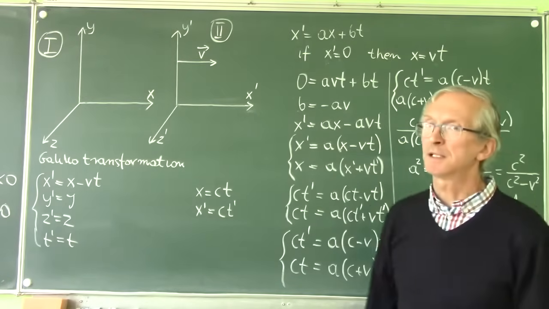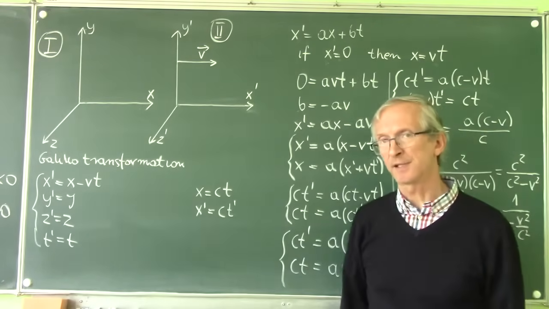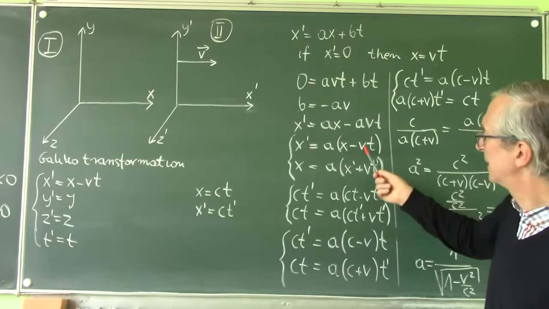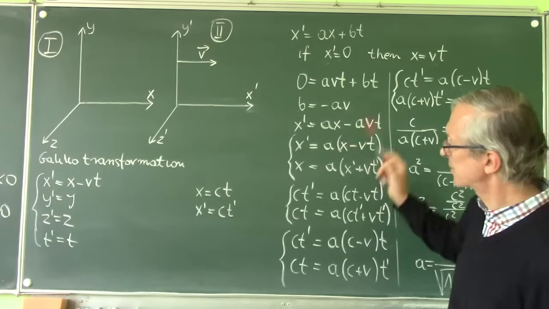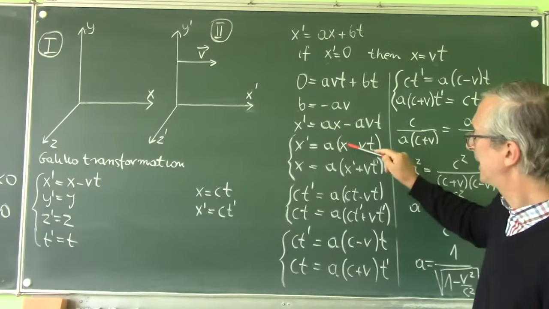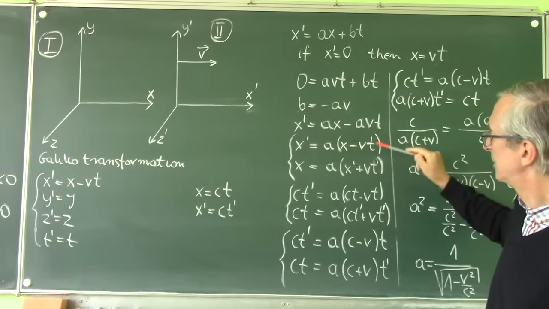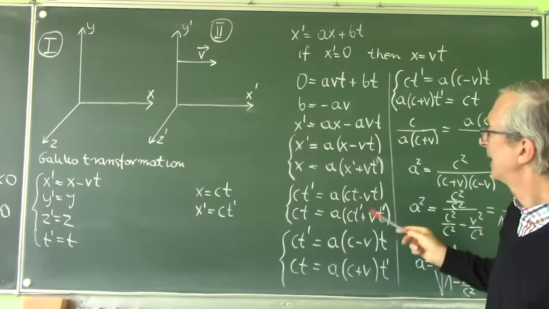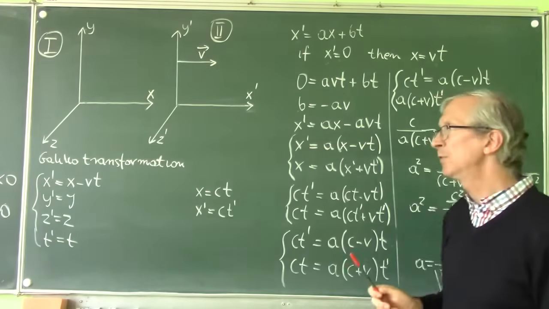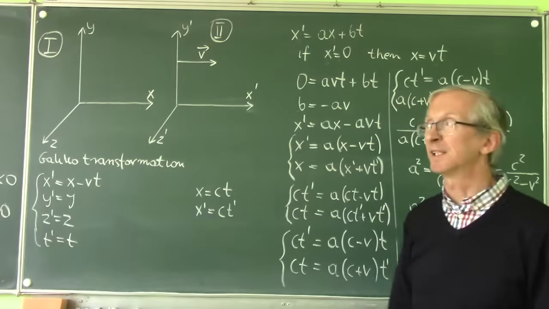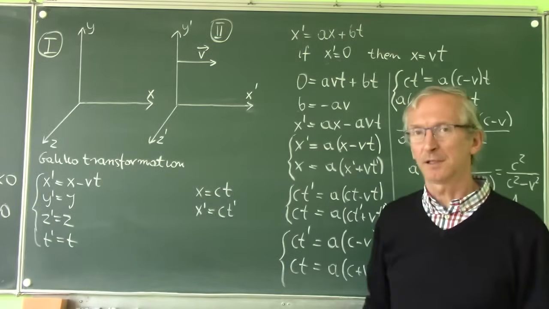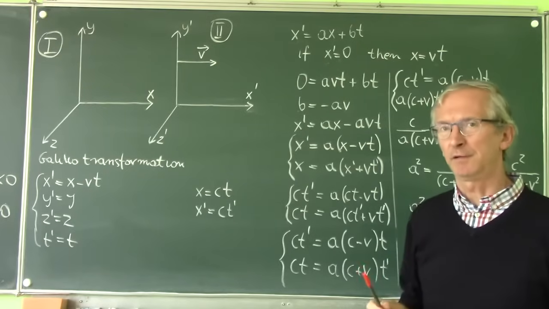If you want to find the inverse transformation, then we just change x dash to x, x to x dash, t to t dash, t dash to t, and v to minus v. We should understand that v in this equation is not the value of velocity.